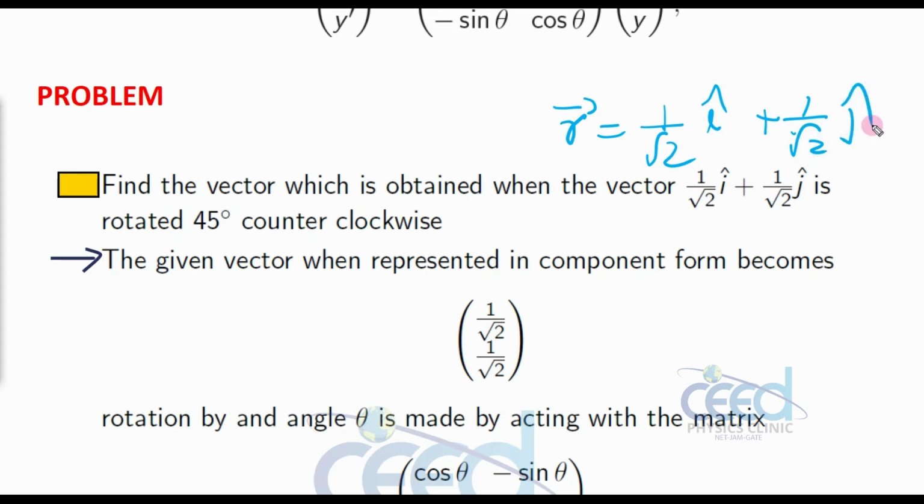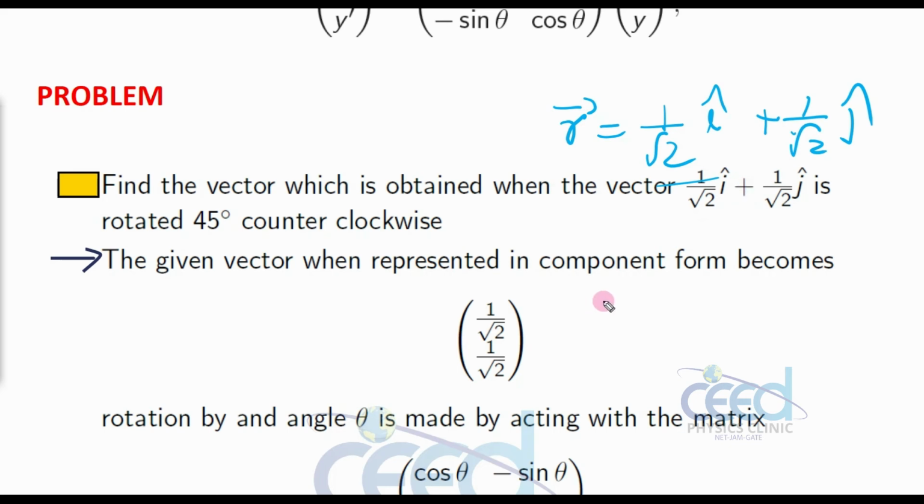Okay, so this is the old coordinate system, and we have to rotate into a new coordinate system. Okay, so this I can represent as a matrix. How can I represent this as a matrix? See, this is actually a vector, I can represent it as a column matrix.